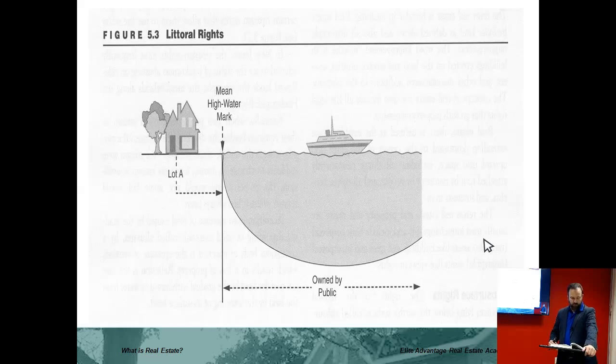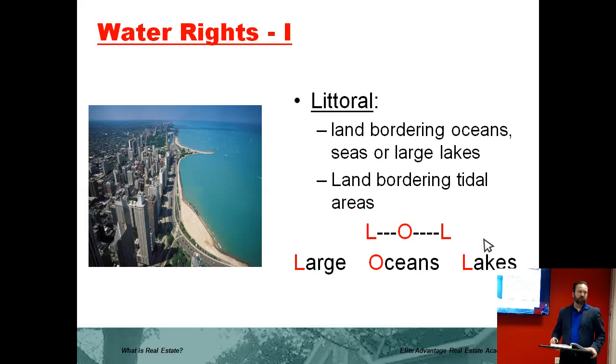So we have to remember when we're talking about LOL or large water, that it means more like oceans, lakes, things like that that are navigable. So the property ownership ends at the water's edge.